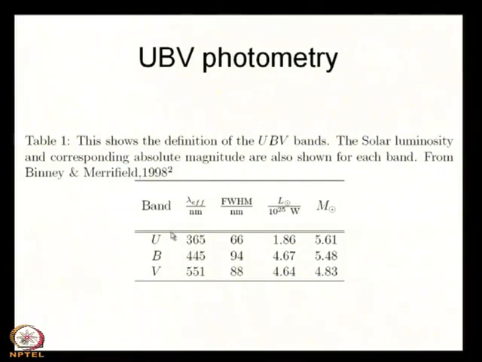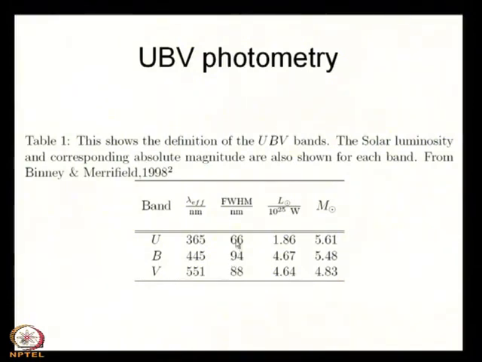Okay, and this U filter allows light centered at 365 nanometers to pass through, and it has a full width at half maxima of 66 nanometers. Okay. Similarly, the blue band is given over here and the visual band is given over here.